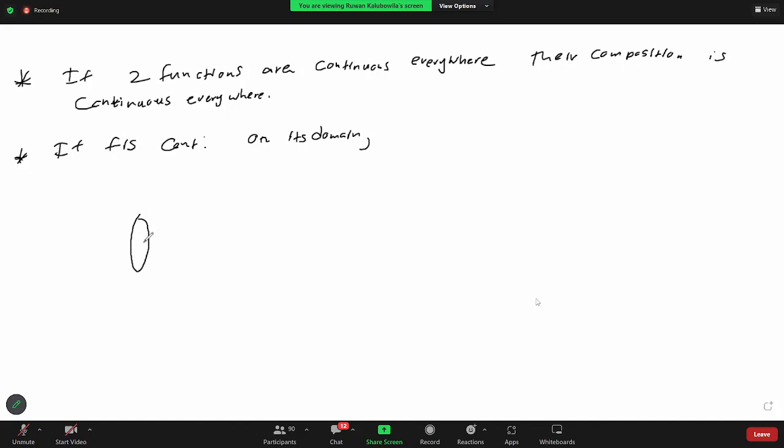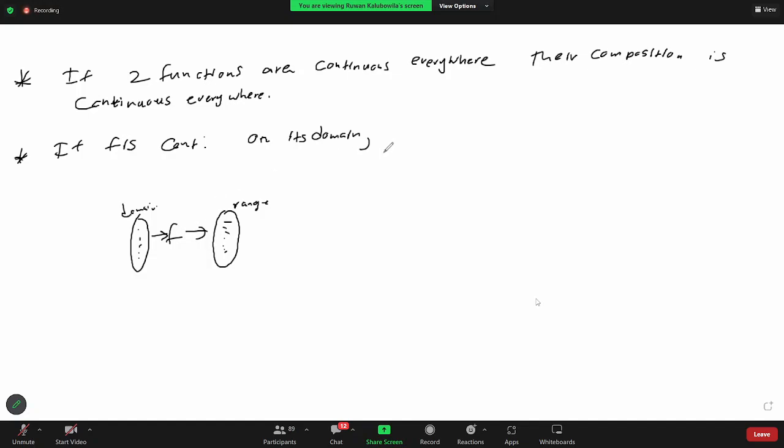So there may be a domain and we have functions. Then if we put these values from the domain in, we have an output called what? Range. This is the domain. So f is continuous on its domain, that means each and every value that we consider.